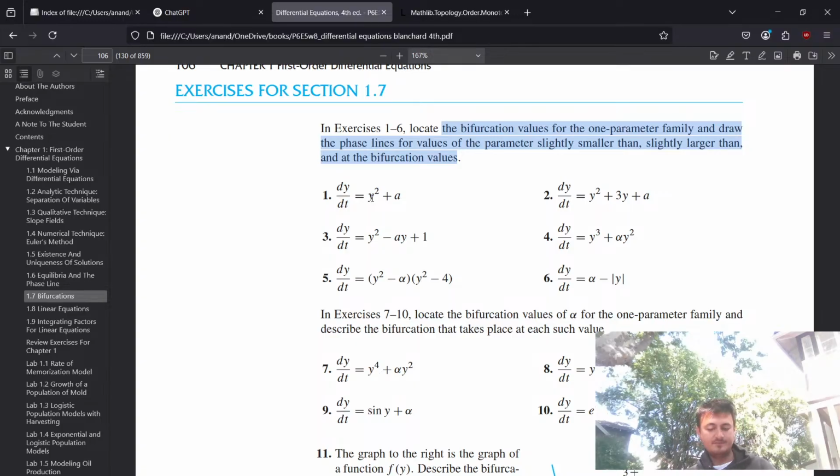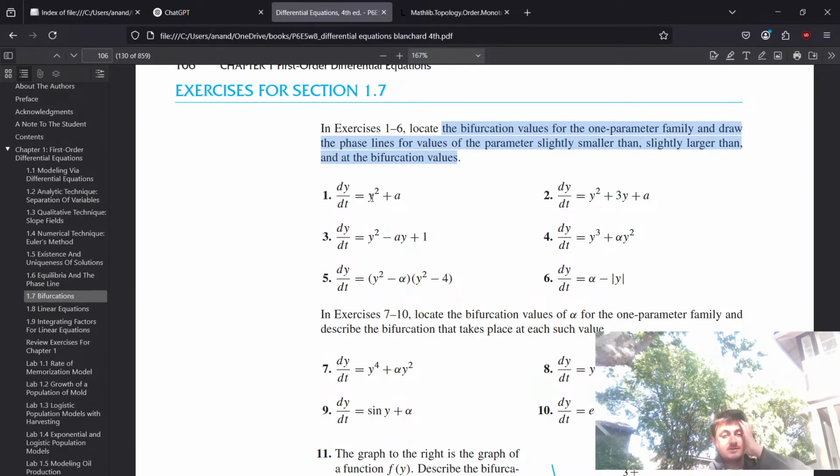So now if we take y squared minus 1, we can see we can factor it into (y plus 1)(y minus 1).